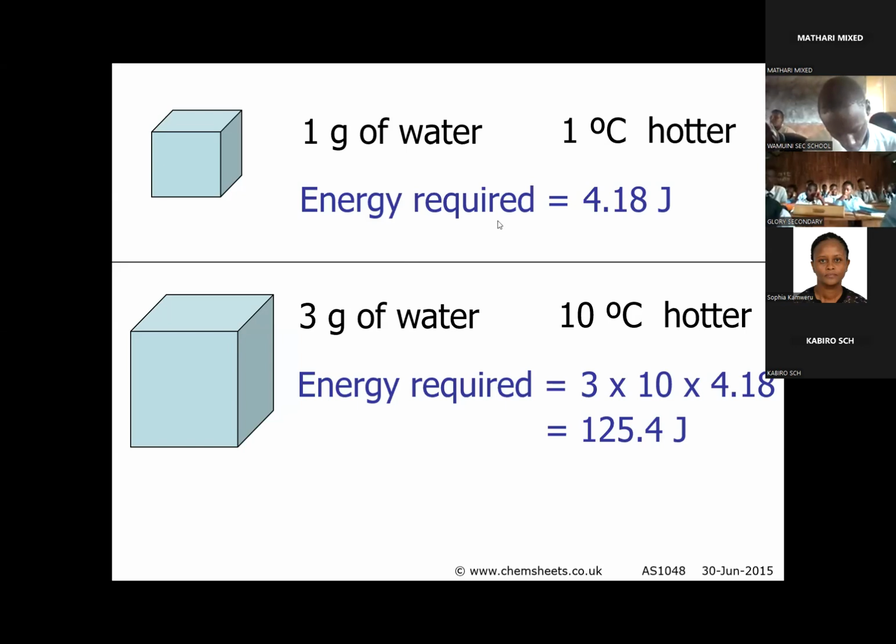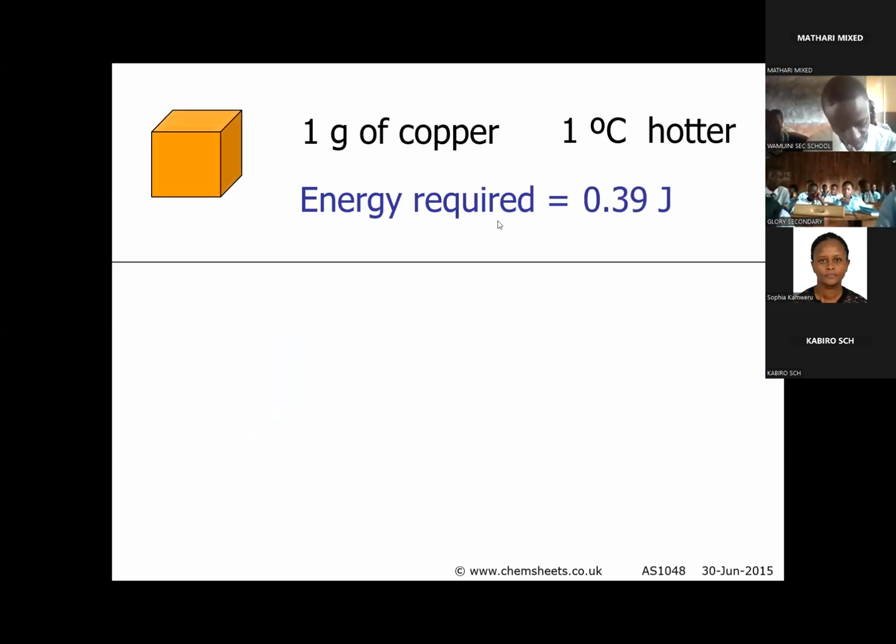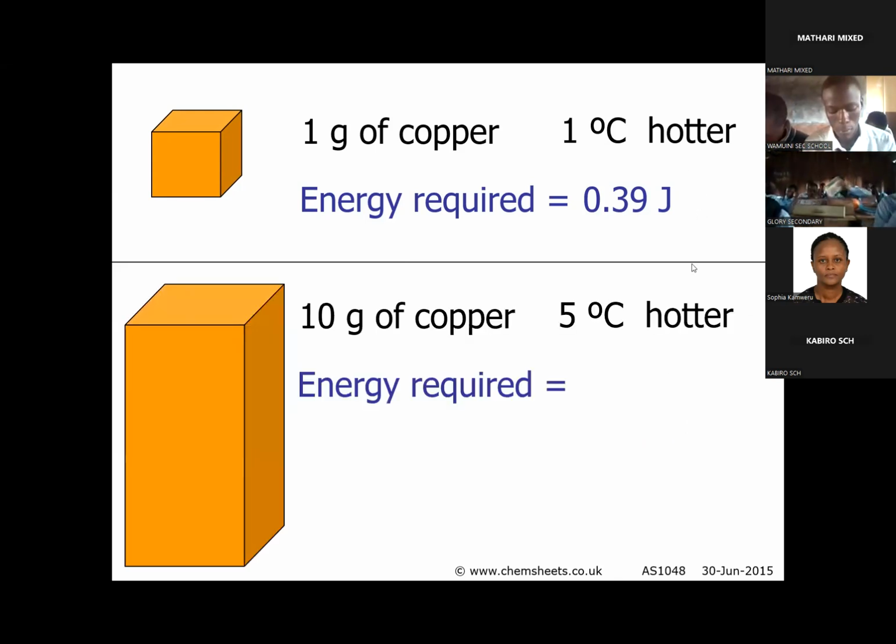So here it is. Now it depends. The specific heat capacity is not constant for different substances. So for instance, for copper, the energy required is 0.39 joules. So copper is easier to heat up. So if we have 10 grams of copper and it's heated up by 5 degrees, what will the answer be?